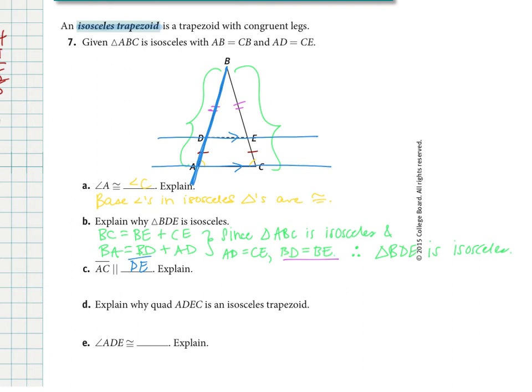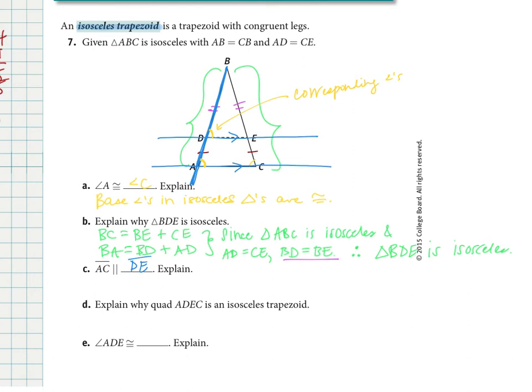Okay. Now, looking at this, we know we have angle A. Think of what angle is going to be congruent to angle A that's by our transversal. That's right, we're going to have this angle right up there. Those are corresponding angles. I know, right? So I'm going to make a little note of that. So those angles are corresponding, and we know that corresponding angles are congruent if we have two parallel lines.